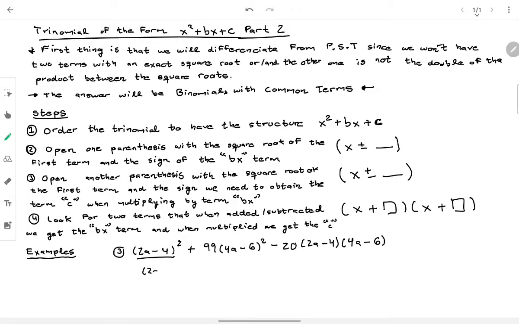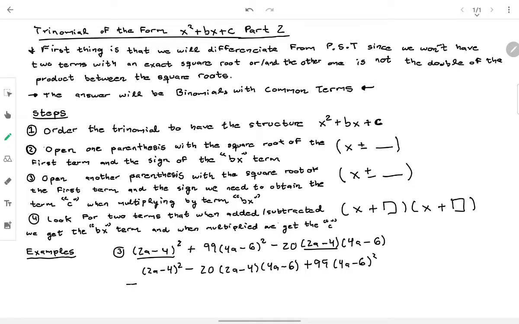So it's going to be 2a minus 4, all of it squared. Then I need to have bx, so it's 2a minus 4 that multiplies 4a minus 6. And finally, plus 99 to the 4a minus 6, all of it squared.